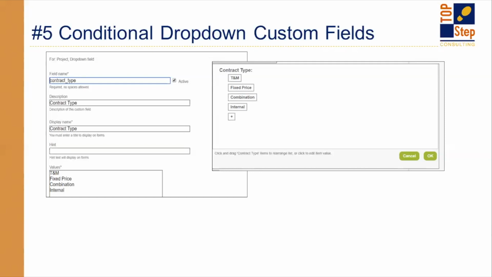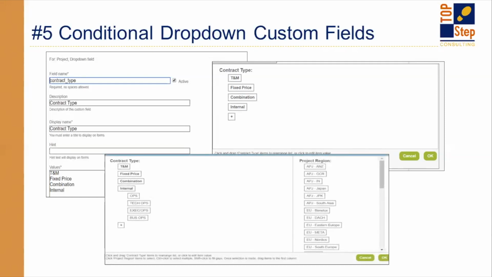But the conditional piece comes when you pull in something like country or region, or however your organization is structured, and you drag pieces of the dependent custom field into the primary custom field. In this example, we have the contract type internal, and the regions that apply to this are ops, tech ops, and some things made up in our sandbox, like exec ops and biz ops.